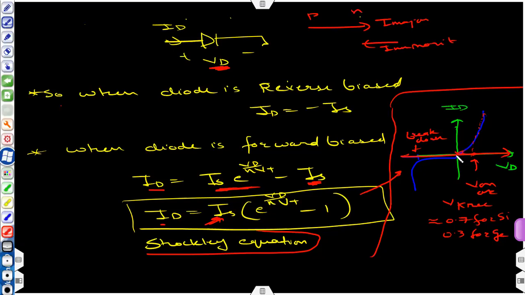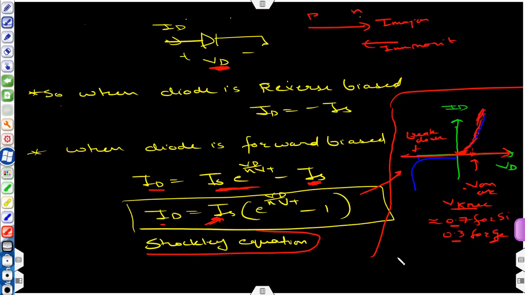Whenever you increase your voltage from 0 volt, you will see that up to a certain value the current ID is very close to 0, and after that, with the voltage drop not increasing significantly, the current increases drastically. This point is called V on or V knee, or pinch off voltage, or knee voltage, or turn on voltage, you can call it anything. And that is approximately 0.7 for silicon and 0.3 for germanium.